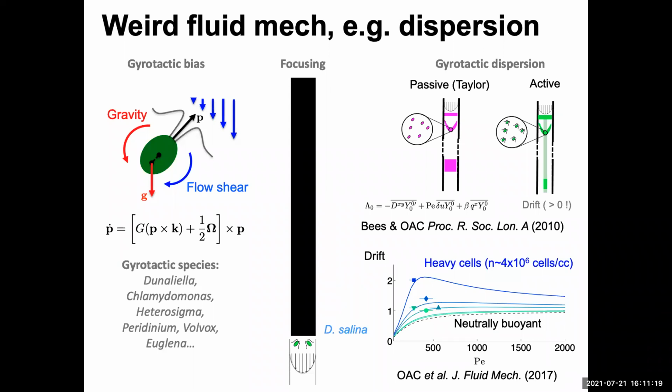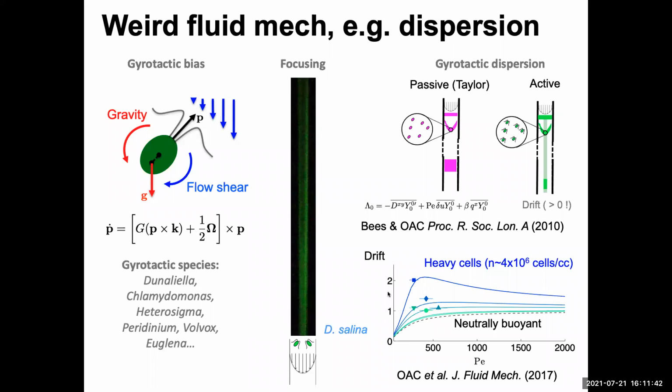a suspension of algae has a non-zero drift above the main flow. So a passive tracer is just carried passively by the flow, but a suspension of swimmers has a non-zero drift. And I did some experiments where I imaged a suspension of Dunaliella salina drifting in a pipe flow.